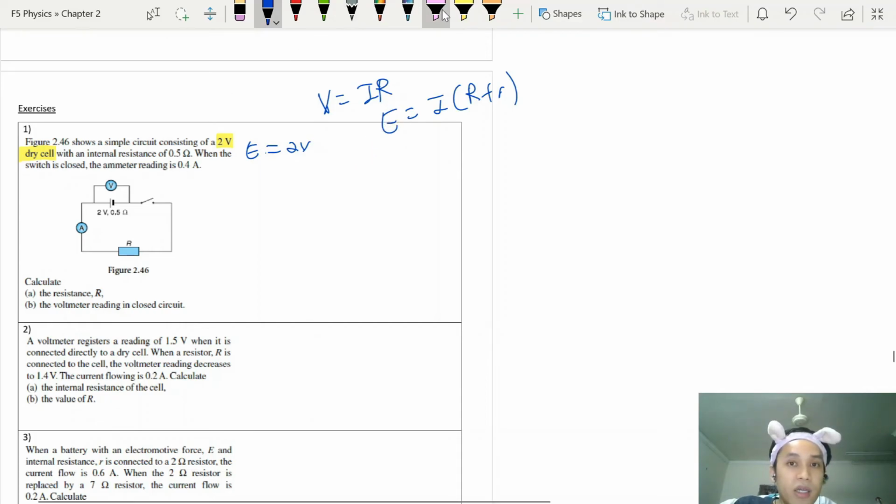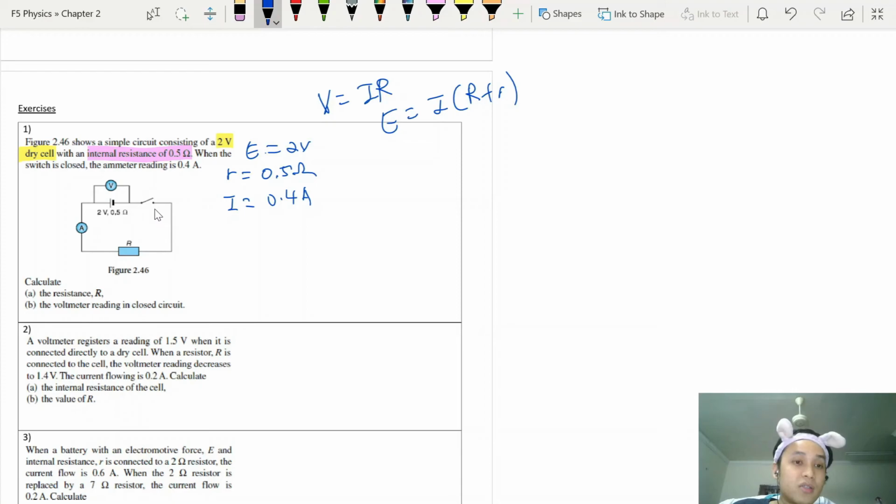Then they gave me internal resistance 0.5, meaning my small r is 0.5 ohms. Then my current is 0.4 ampere. You need to determine what circuit it is. This is a series circuit. They want me to calculate R, meaning they want me to find big R.